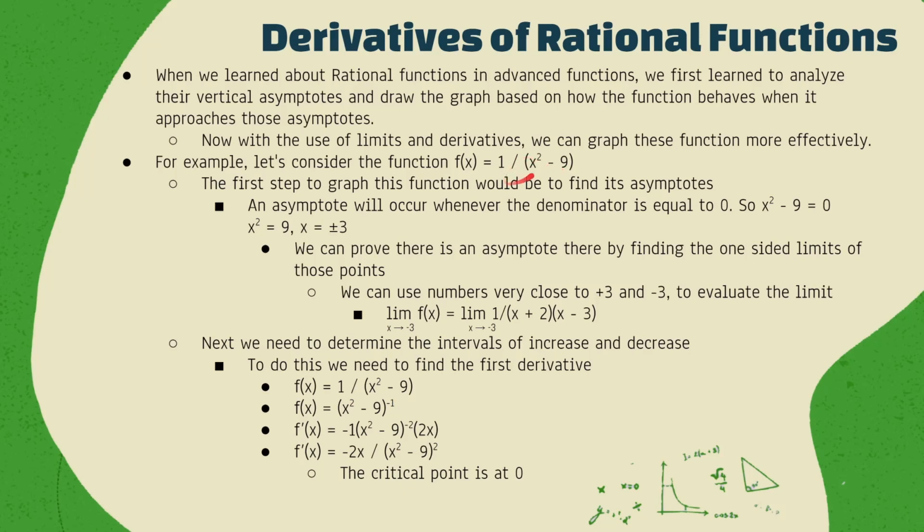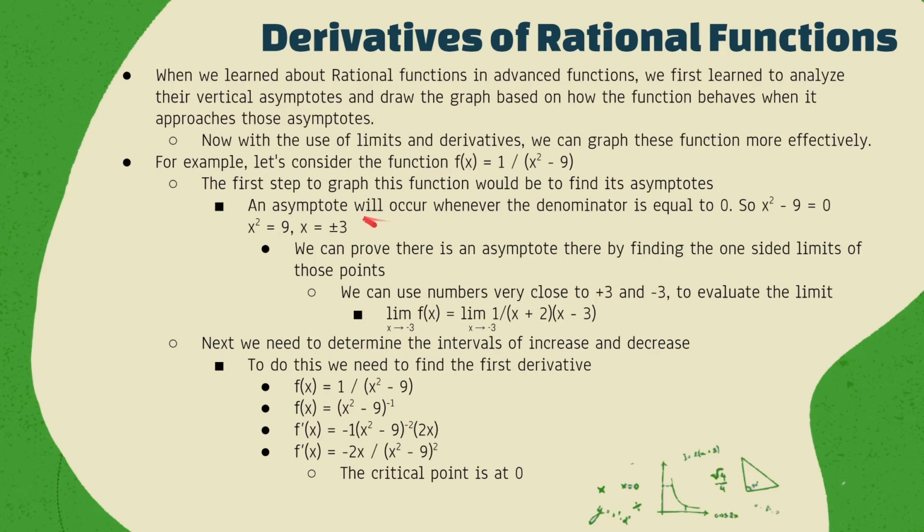In our case, we have x squared minus 9, so x squared equals 9, so x equals plus or minus 3. The way I got that was just taking the square root of 9. Now that we know what x equals, we know the equations for the vertical asymptotes. We also know the equation for the horizontal asymptote, which should be y equals 0, since this was a constant, and this is just x squared.